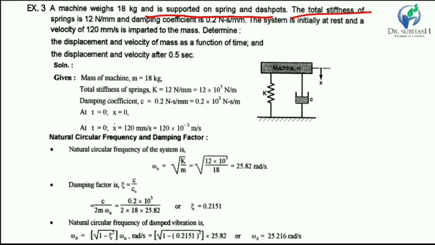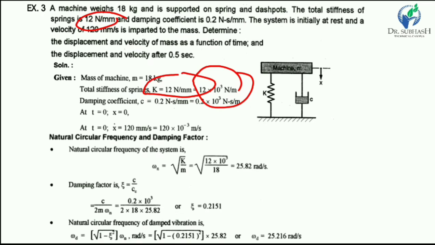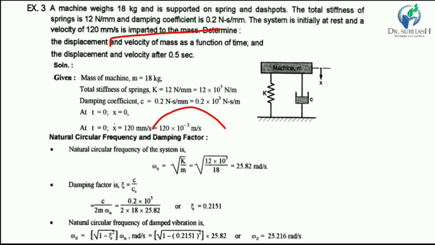The total stiffness of the spring is 12 Newton per mm, and it is converted into Newton per meter, so multiply by 10 raised to 3 to convert mm into meter. Now the damping coefficient is given as 0.2 Newton second per mm, so it is also converted into meter, multiplied by 10 raised to minus 3.